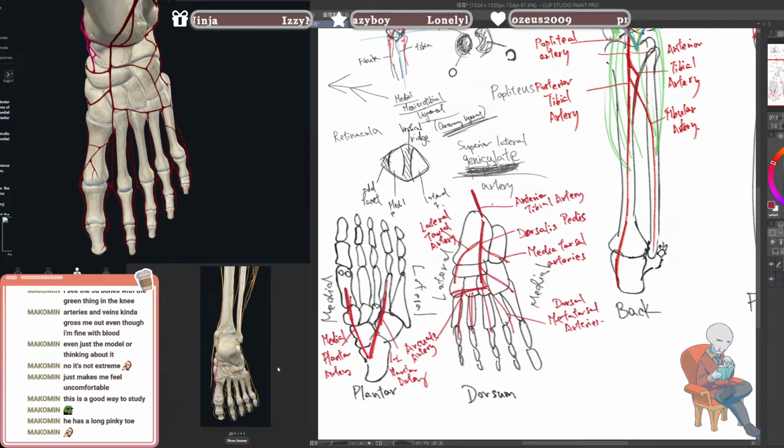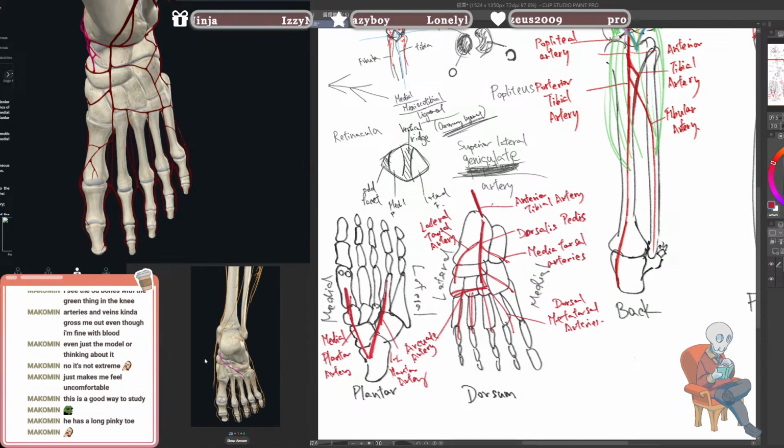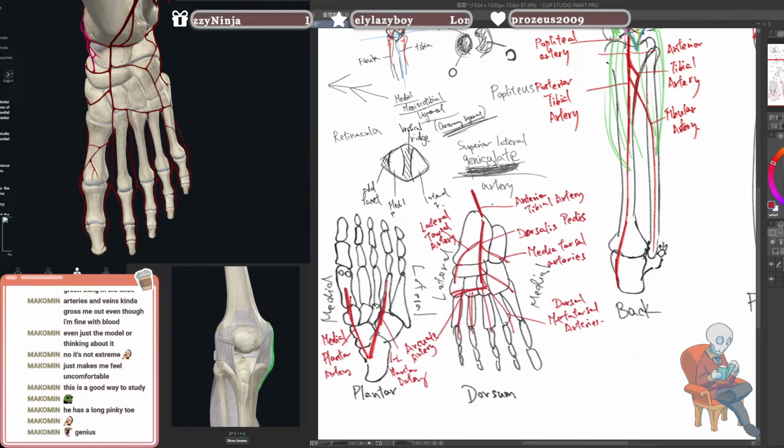If I use the same logic as the arteries, could it be the medial plantar nerve? I hope. It is the medial plantar nerve. Excellent. Easy. And this must be the lateral plantar nerve. Excellent. Genius.